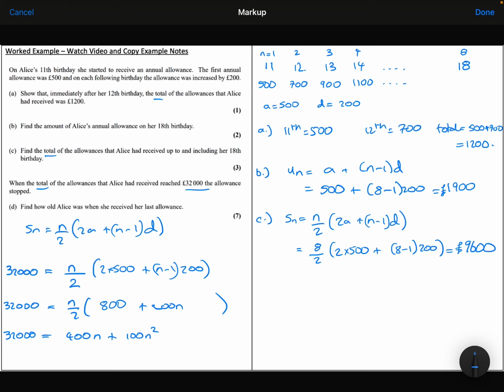I can now divide through by 100, and I'll get 320 equals 4n plus n squared, or n squared plus 4n minus 320 equals 0. I now want to solve this equation to work out what n is going to be.